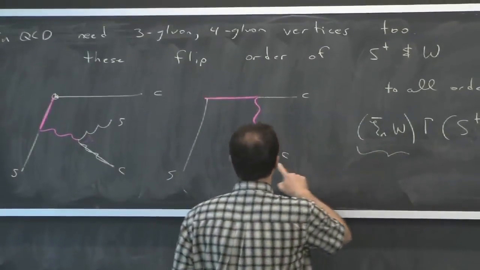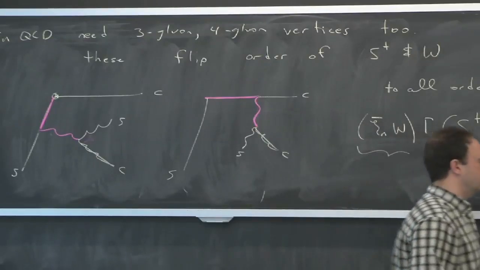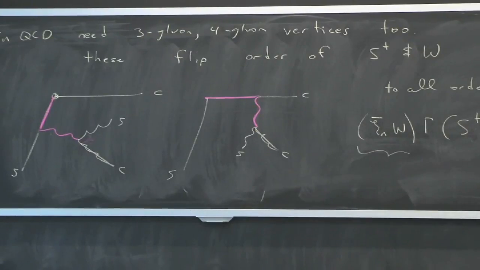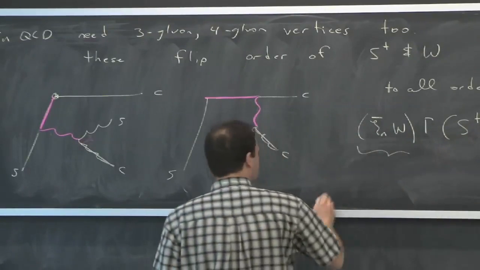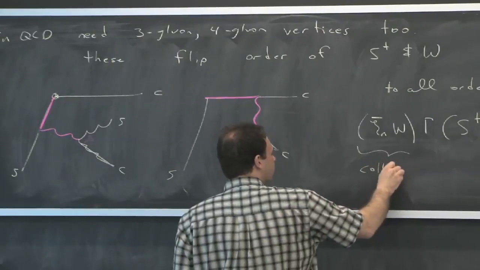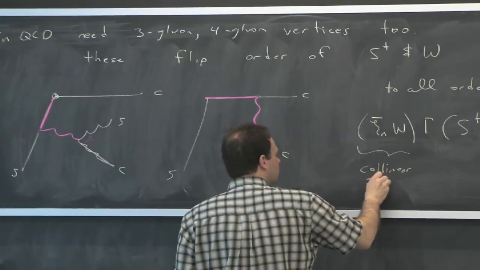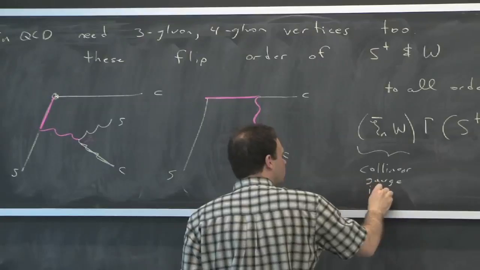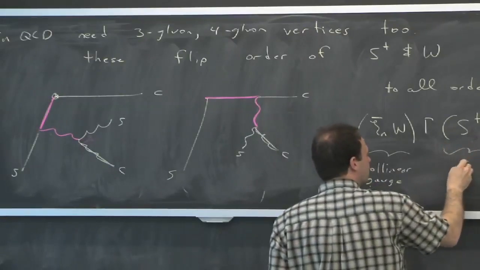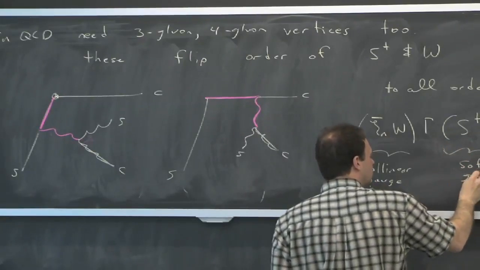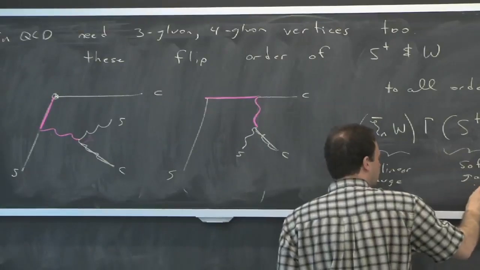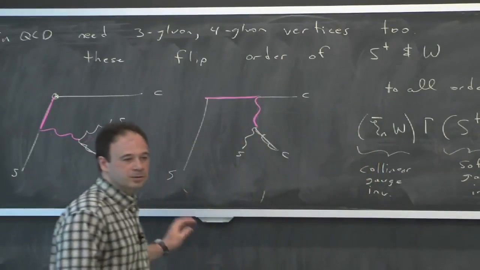And it's easy to check, for example, that at the order of 2 gluons that this guy does exactly what you want. So this is then a collinear gauge invariant object, and this is then something that's soft gauge invariant. And that's kind of nice. That's what you're hoping. That's what you're expecting.